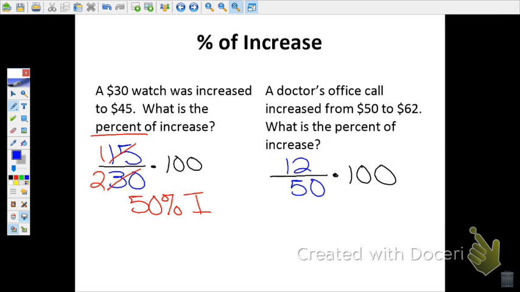And I get an answer of 24% increase. So those were percent increase examples.